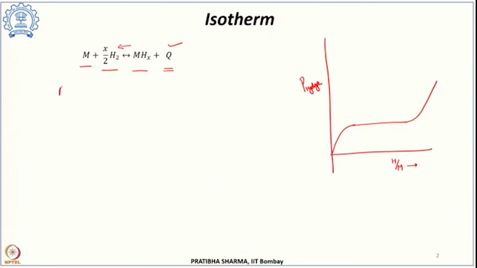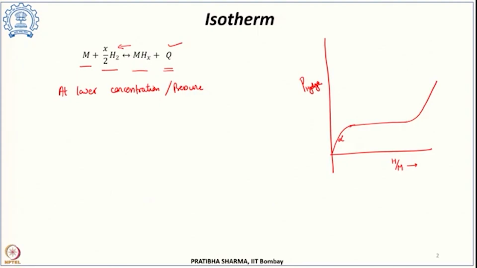Initially there is a low pressure region, or lower concentration of hydrogen, where hydrogen enters into the host metal lattice and gets randomly arranged in the host lattice, and the concentration slowly varies. So that is a solid solution phase, which is known as the alpha phase.